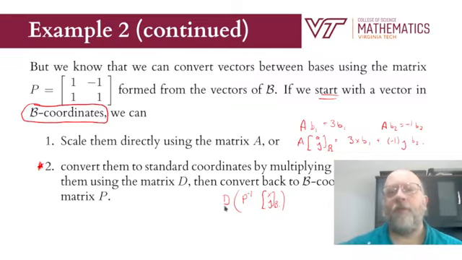The matrix D is already in echelon form. It already has a lot of zeros in it. There may be a reason that we would prefer to work with a matrix that's already in echelon form instead of using the matrix A. And then, since we're still in standard coordinates, we convert everything back to B coordinates using the matrix P. So we're making a conversion that results in a simpler matrix, and then we convert this back.